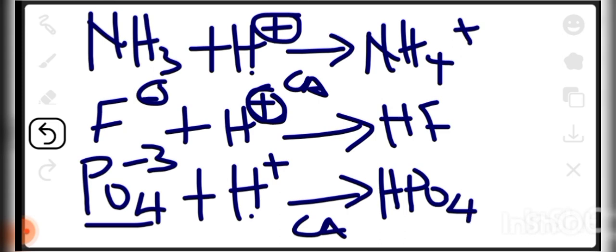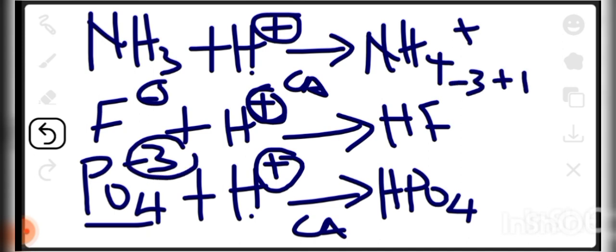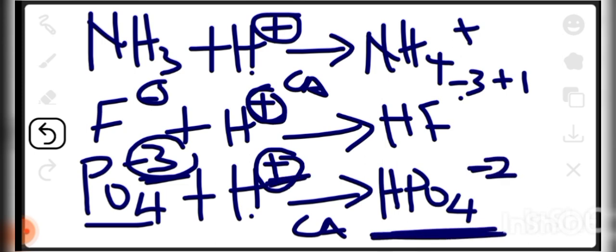Then let's work on this sign now. Minus 3 plus 1. What will be the answer to that? Minus 3 plus, this one is just plus 1. So minus 3 plus 1 will be minus 2. So that will be the sign. So this will be the conjugate acid of PO4 raised to power minus 3.